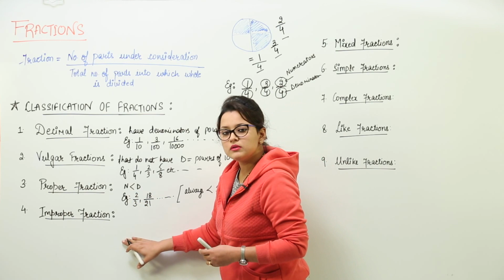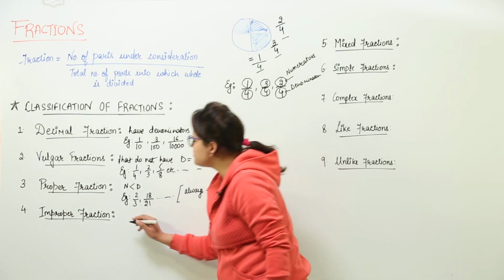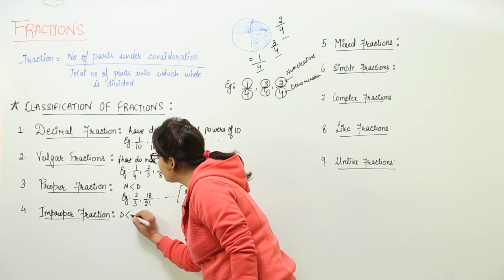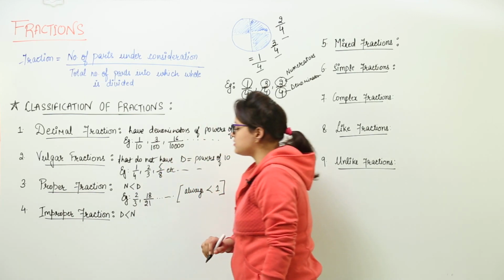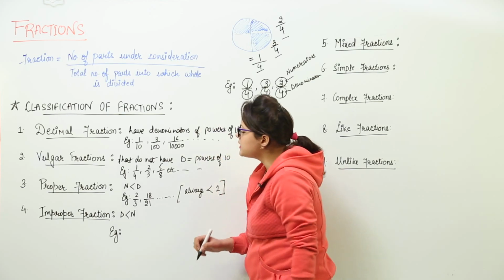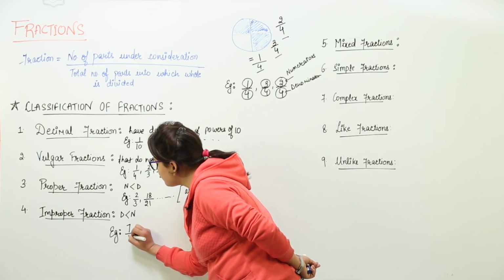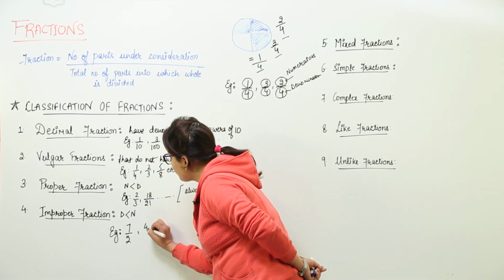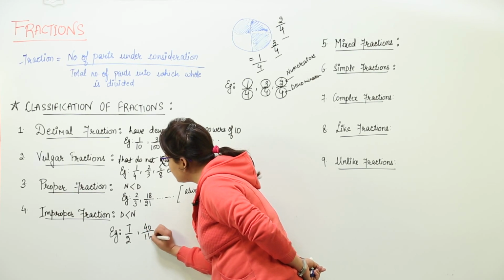The improper ones will be the opposite of that, which means the denominator would be less than the numerator. Can we have some examples for this? Yes. Say we have 7 over 2, 40 over 11.